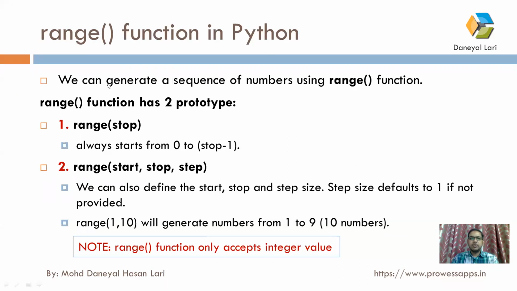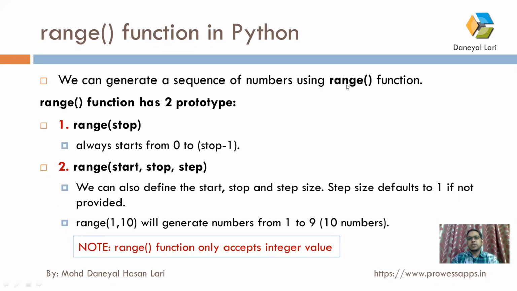If you want to generate a sequence of numbers, then you can use the range function. Just remember this one: the range function can be used with the for, because it generates a sequence. And we know that the for can be used with only sequences. So we can generate a sequence of numbers using the range function.